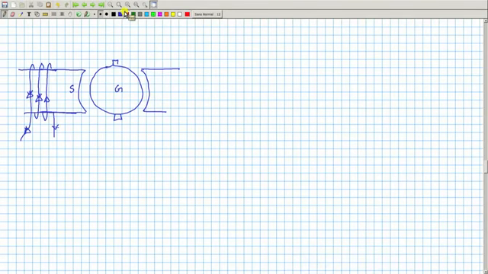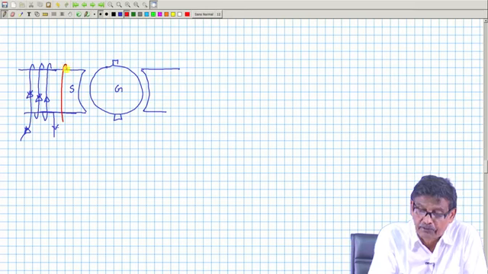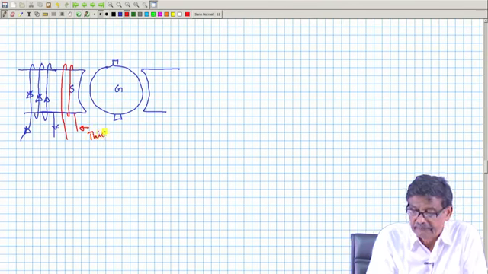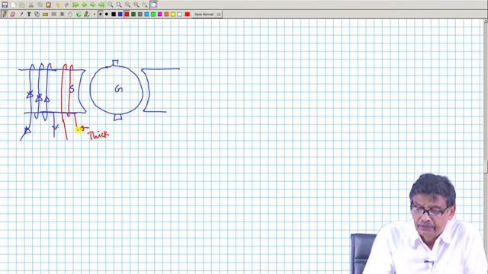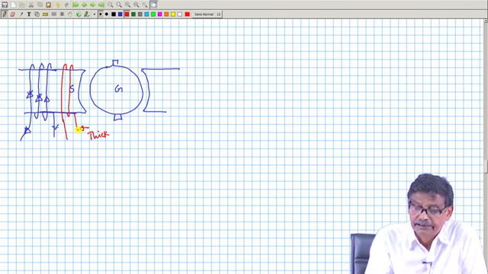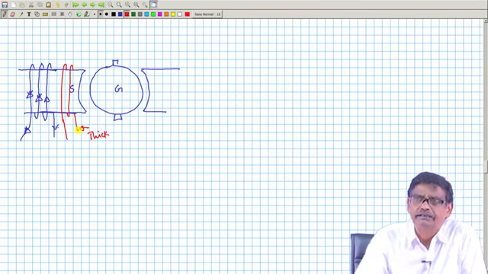On the same field pole, you connect another set of coil, a separate coil of few turns, a thick coil, this is thick, and say that this coil I will connect in series with the armature, while the field coil is in parallel if it is a shunt machine.